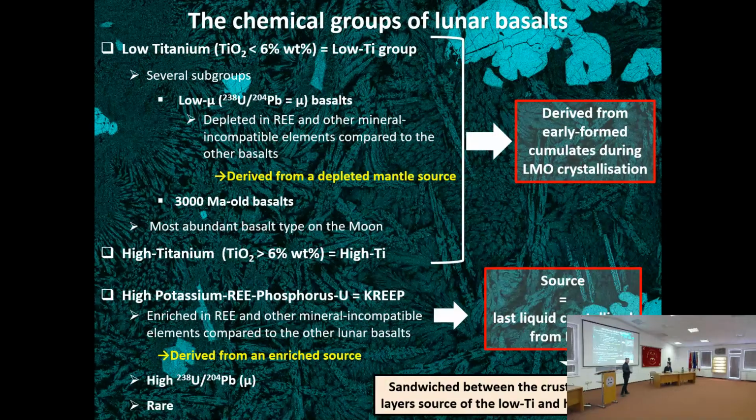They are depleted in rare earth elements compared to the other basalts. We believe they are derived from a depleted mantle source. We have also the 3 billion years old basalts. I will talk about them at the very end of this talk. Basically, the low titanium basalts are the most abundant basalts on the moon.